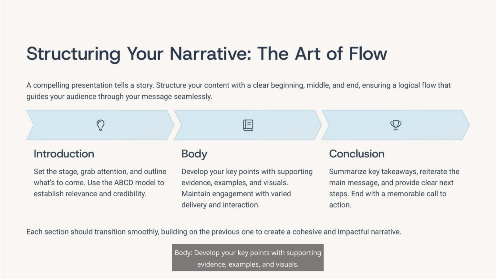Develop your key points with supporting evidence, examples, and visuals. Maintain engagement with varied delivery and interaction. Conclusion. Summarize key takeaways, reiterate the main message, and provide clear next steps. End with a memorable call to action. Each section should transition smoothly, building on the previous one to create a cohesive and impactful narrative.